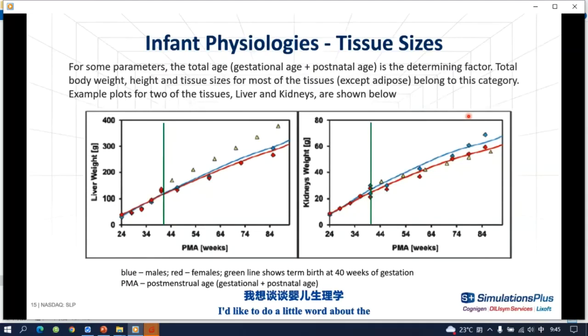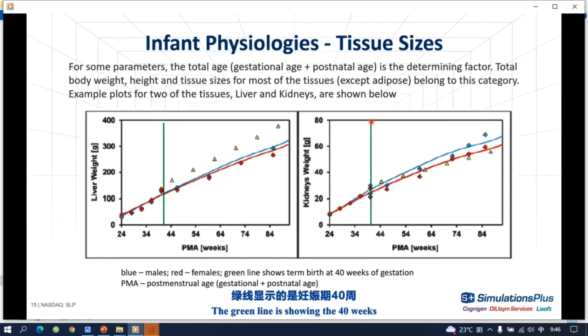I'd like to do a little word about the infant physiologies, where, of course, things get a little bit more complicated. Not for all of the aspects, though. When we were looking at creating the infant physiologies for children up to 1 year old, for many of the aspects like total body weight, height, or many of the tissues, it is a very straightforward relationship where, for example, here showing the liver and kidney weight.